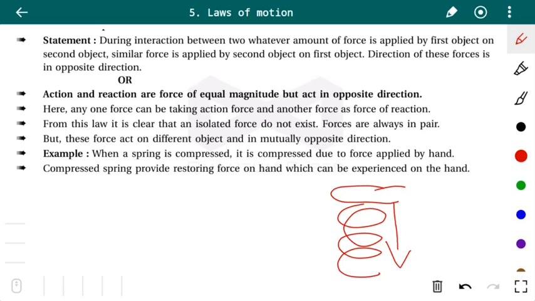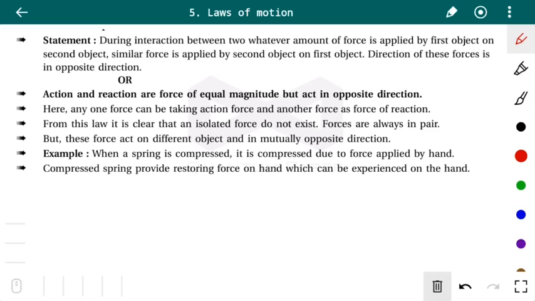It is in the downward direction. At the same time the compressed spring applies force on the hand due to its restoring force. This is called the restoring force of the spring, which is applied in the upward direction to the hand. So both these forces are in opposite direction and they are equal.